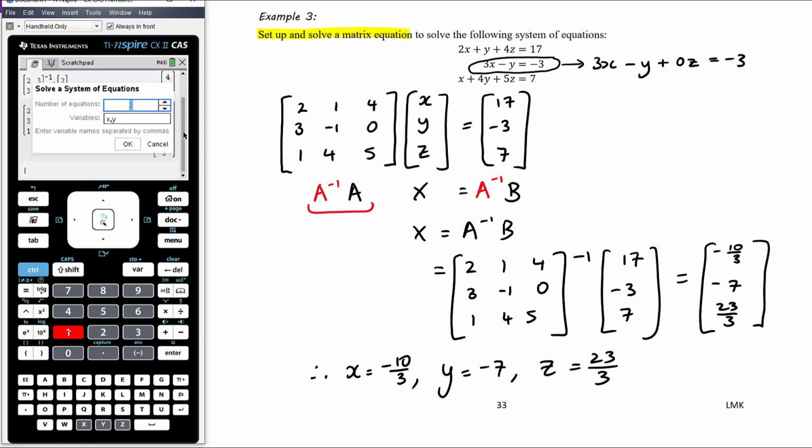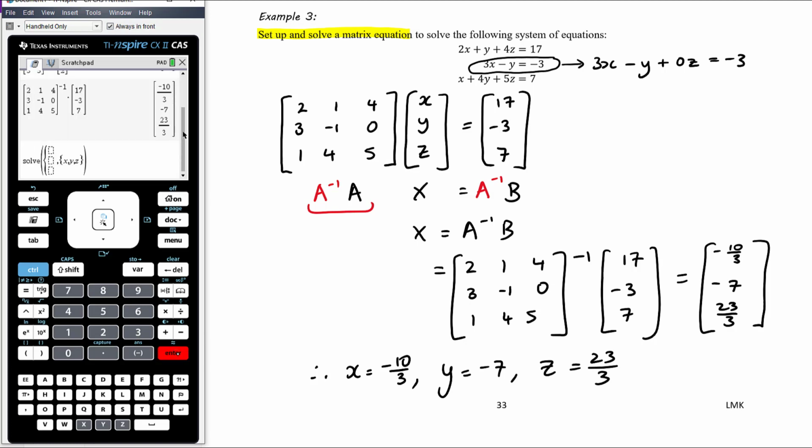So 3, 7, 1 instead. And saying you've got 3 equations, the variables are x, y, and z, and entering in your 3 equations. So 2 times x. As long as you answer the question sufficiently on paper, we can't control how you're actually getting your CAS to find the answer. Okay, 2 times x plus y plus 4 times z equals 17.